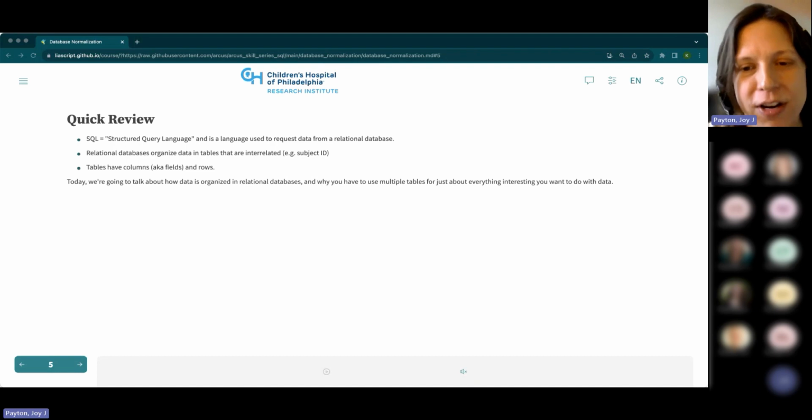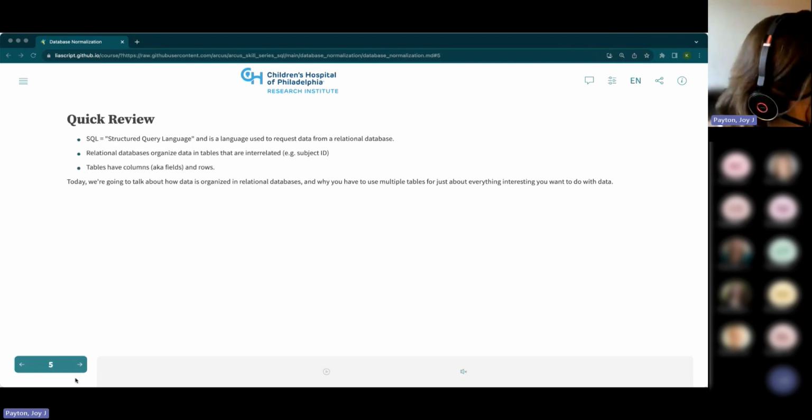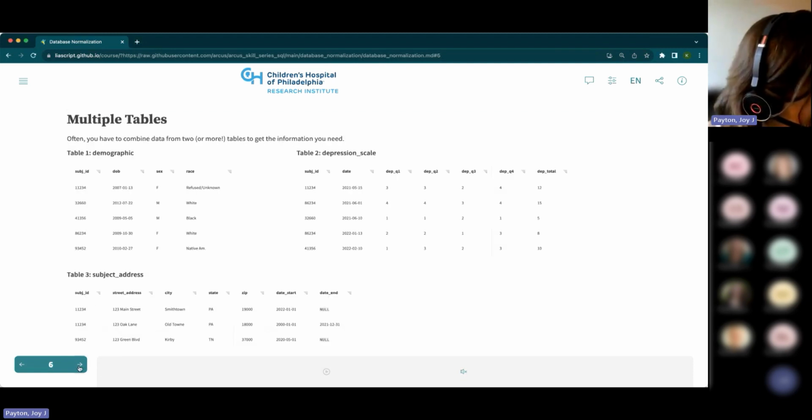And this can be frustrating if you're accustomed to getting a CSV for analysis. You're used to getting just one table, one spreadsheet, and suddenly having more than one table to deal with can be challenging. So I want to start by giving a use case that illustrates why getting data from multiple tables is important. And then we'll talk about why it's not practical to store medical data in a single table.